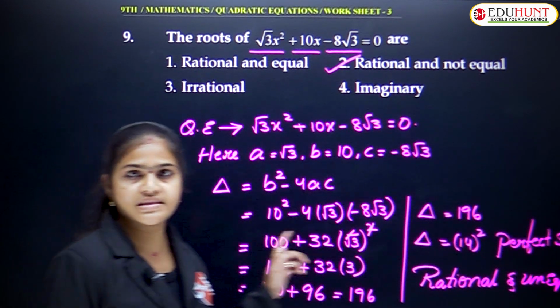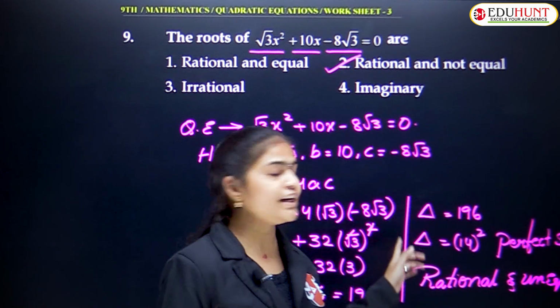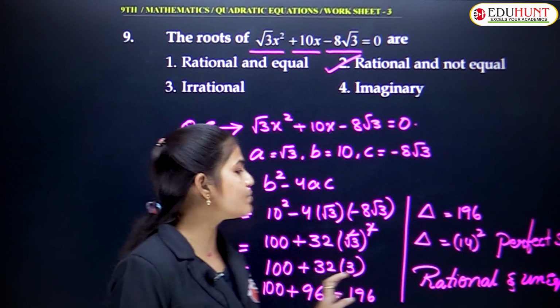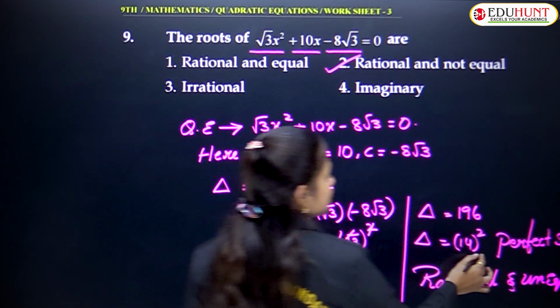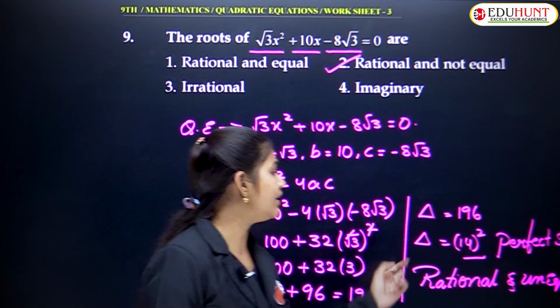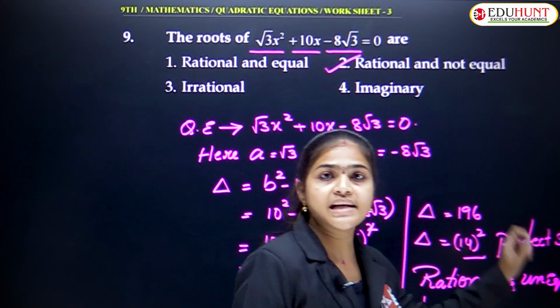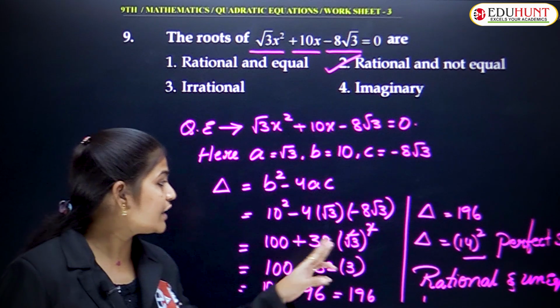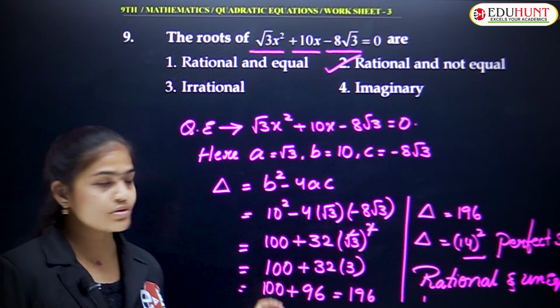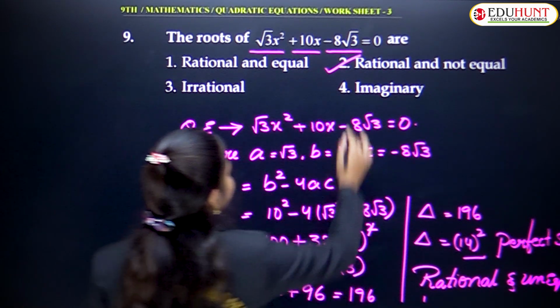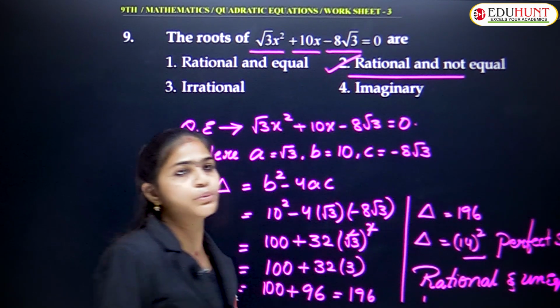So if anybody missed that concept, once see that concept video, after that you can understand this one. Okay, so if the delta value is 14 square, that is a perfect square, then the nature of the roots are rational numbers, as well as those two roots are unequal. So here which option is correct? Yes, rational and not equal roots.